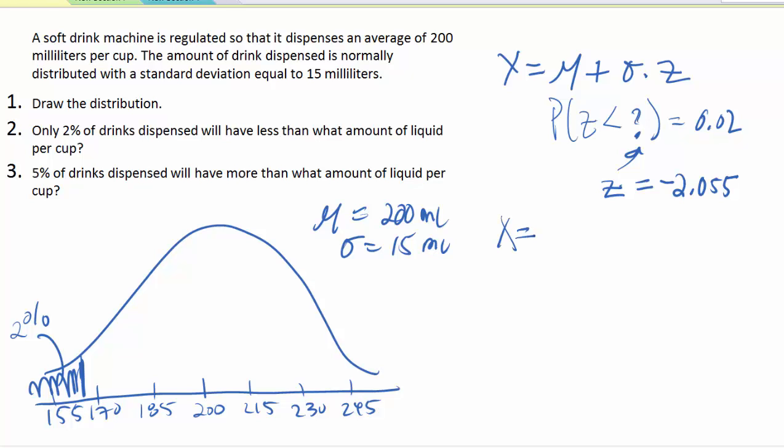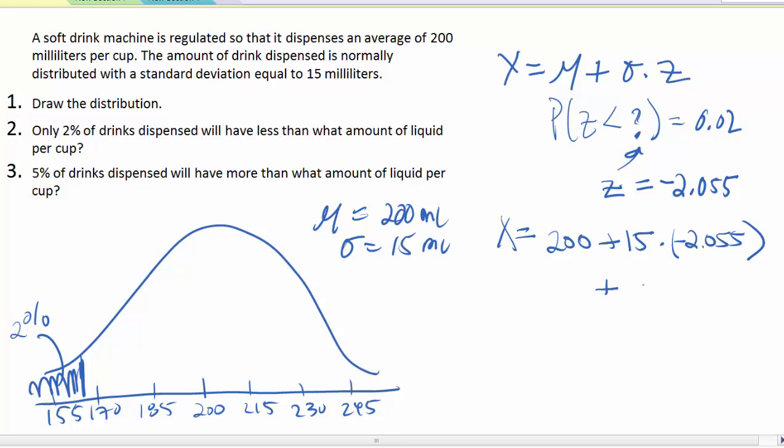So x is equal to 200 plus sigma of 15 times my z-score of negative 2.055. This will give me a value of negative 30.825 plus 200.